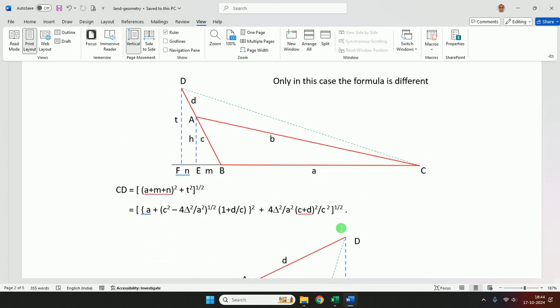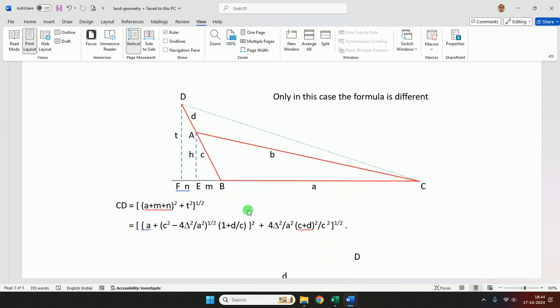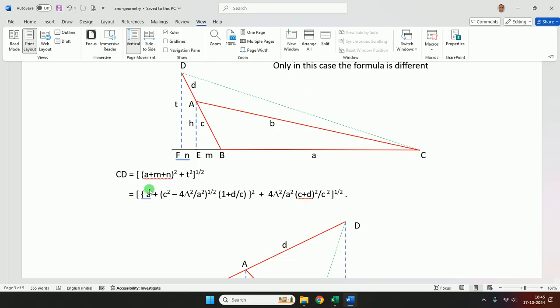If the triangle is obtuse, then the altitudes fall on the left side of the triangle, both the altitudes. And therefore, as you can check, the formula for this CD will be A plus M plus N, this part, FC. FC is that part. So it is A plus M minus M plus N.